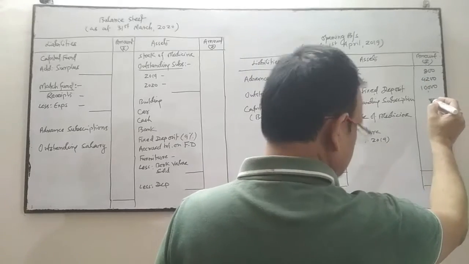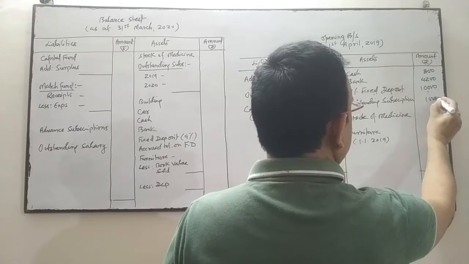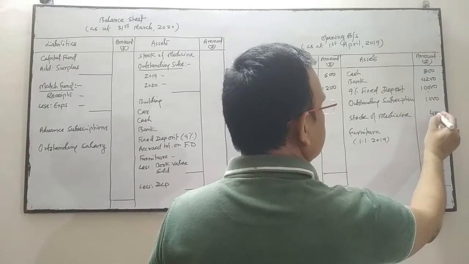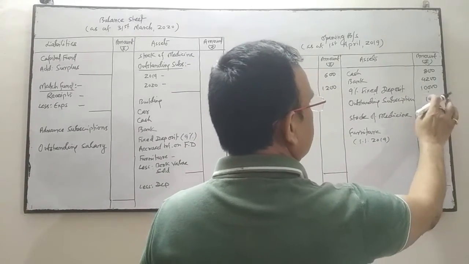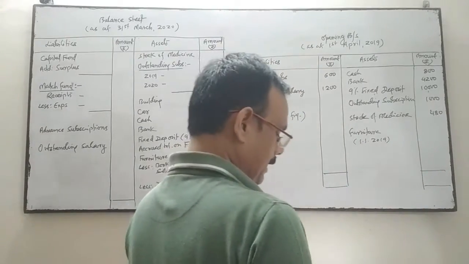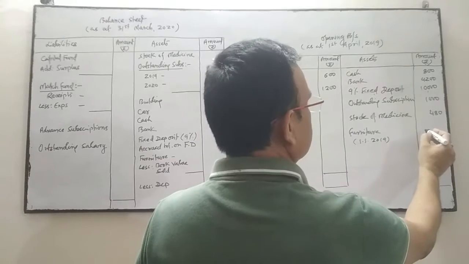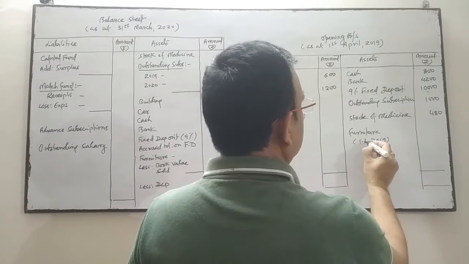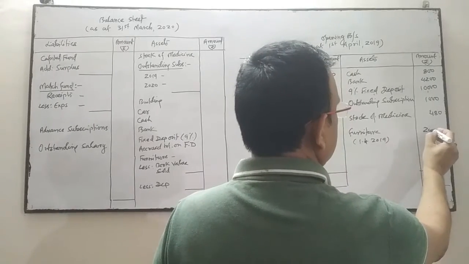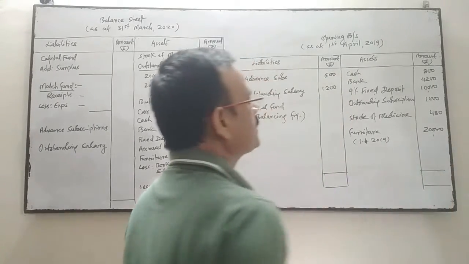Outstanding subscription is 1,000. Stock of medicine closing 480, given in the additional information. Outstanding subscription last year, and furniture in the additional information, 1st April 2019, it is 20,000. All this information is given.